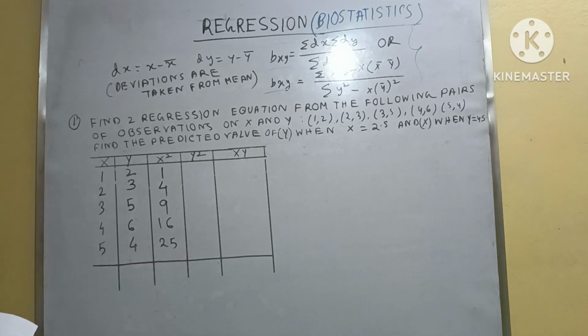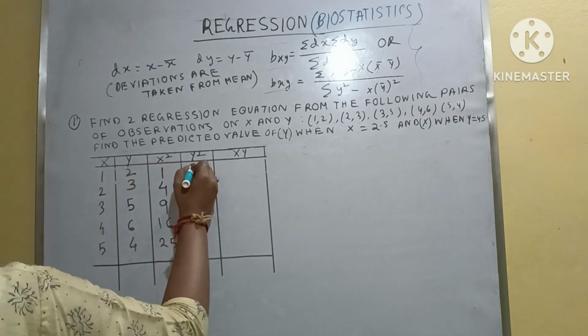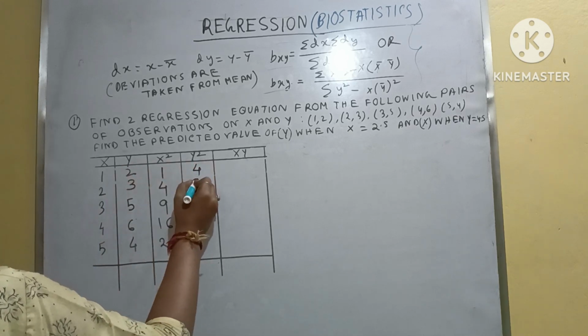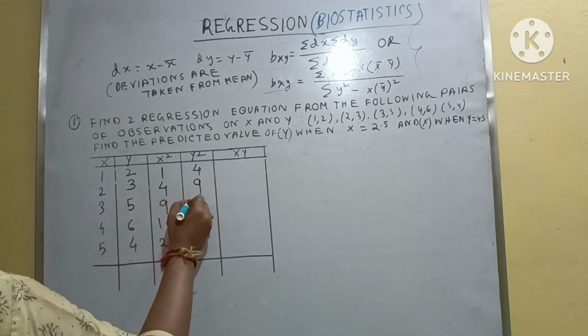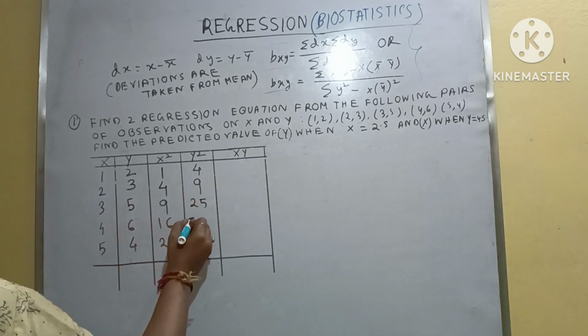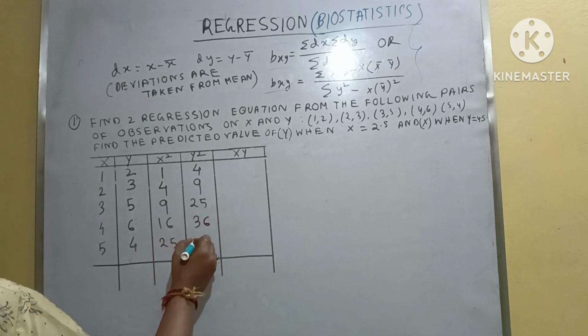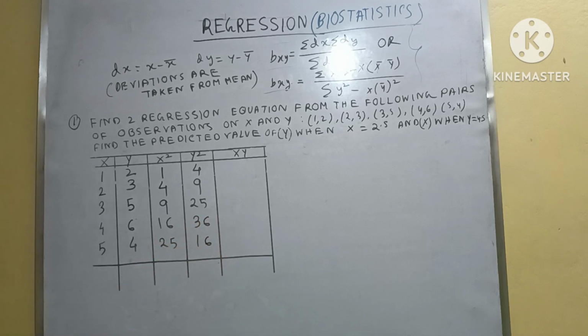Clear? Then y square: 2 square means 4, 3 square is 9, 5 square is 25, 6 square is 36, and 4 square is 16. Clear? So the total addition is here 15, here 20, here 55, and here 90.